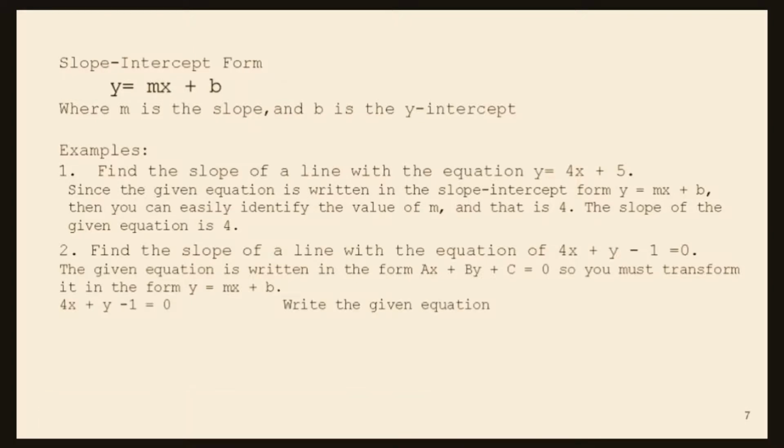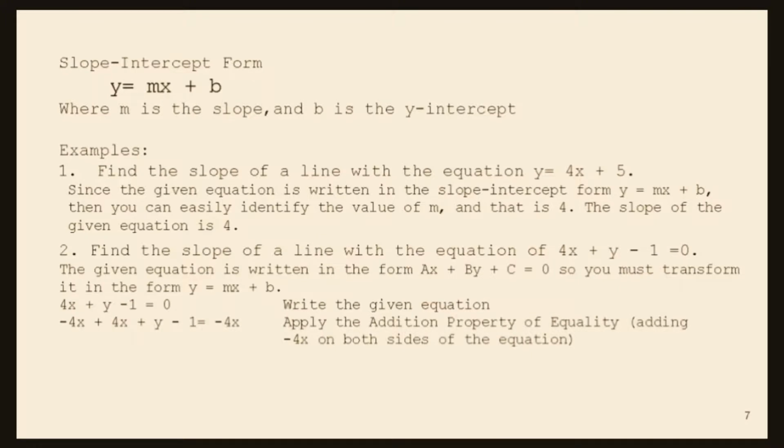So, first step is susulatin mo yung equation para mas madali nating makita, di ba? So, next is mag-a-add tayo ng negative 4x sa bawat side para maka-cancel out natin yung may variable na x, yung slope natin.